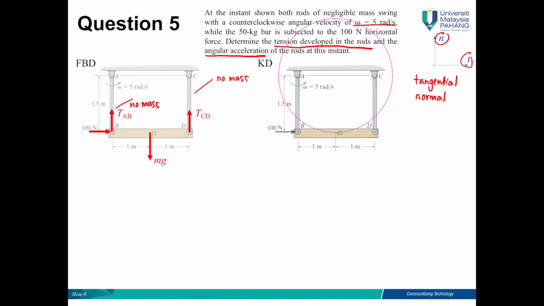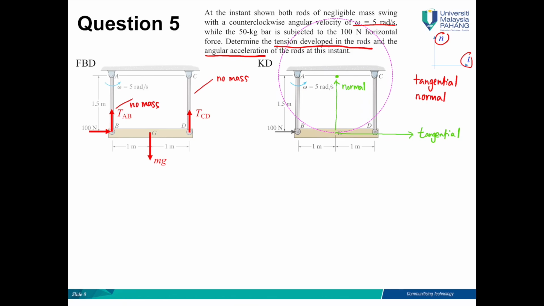From this magenta circle you will know that the center point is somewhere over here. The normal axis is from point G pointing to the center of rotation. So this is the normal axis, and this is the tangential axis.